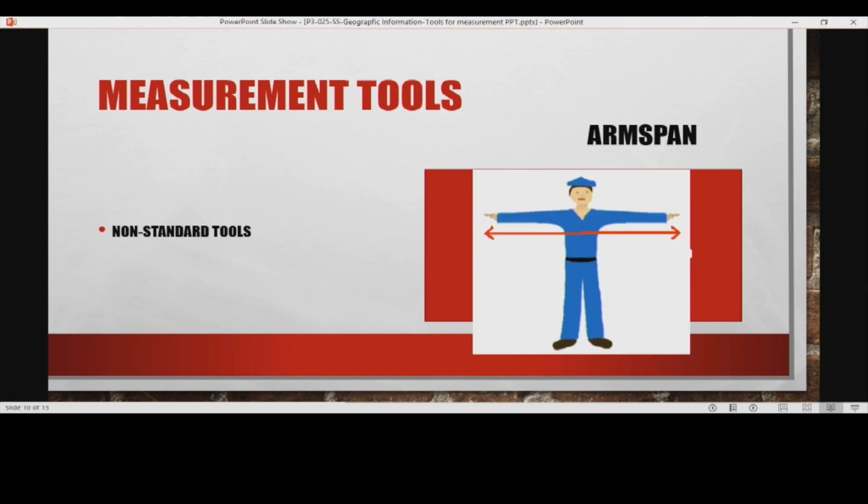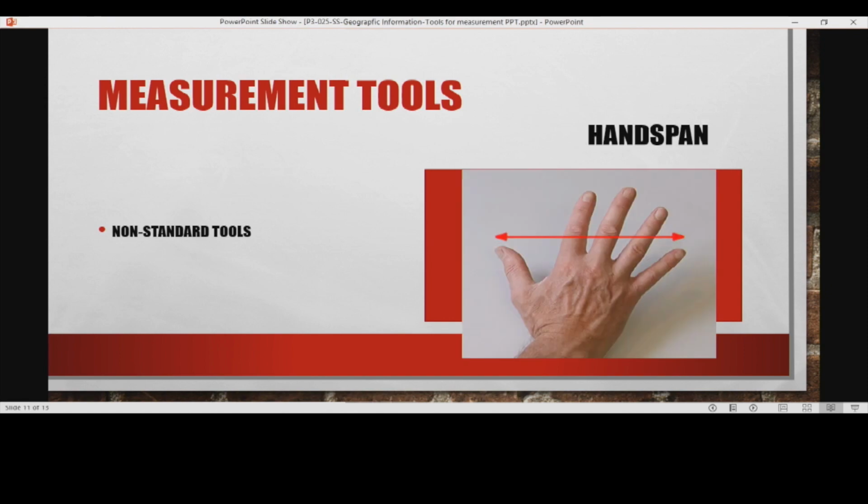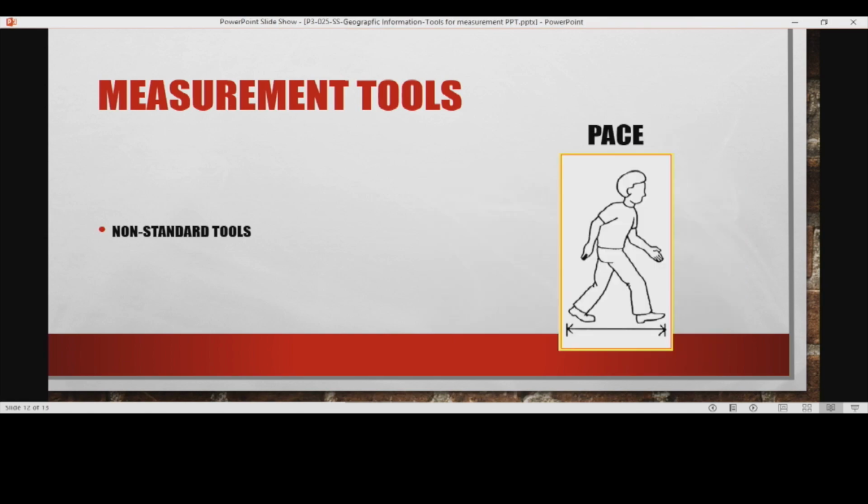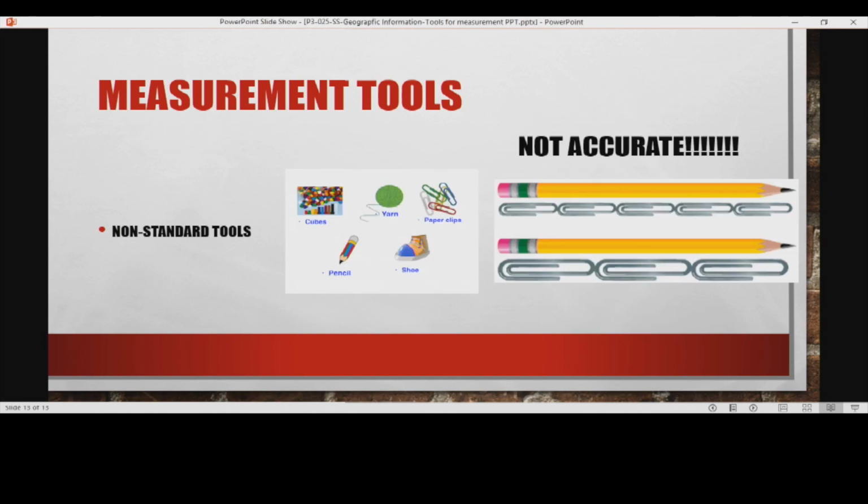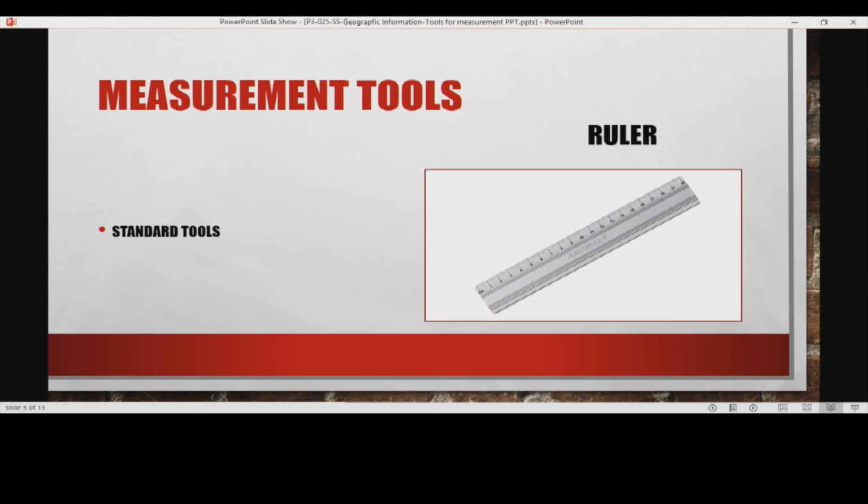And ones we've looked at already: arm span, hand span, pace. Are these accurate? No, these are what we call not accurate. And why are they not accurate? Everybody is different. So one more time, guys, let's have a look at the accurate ones.